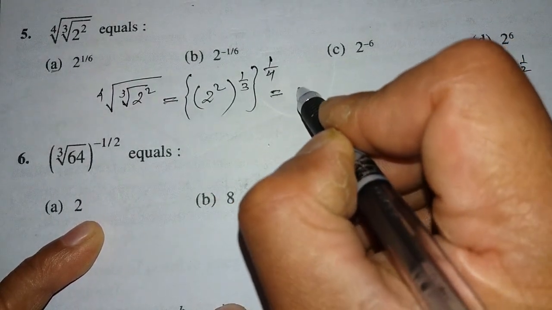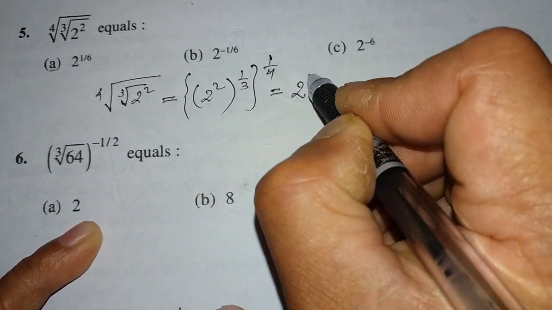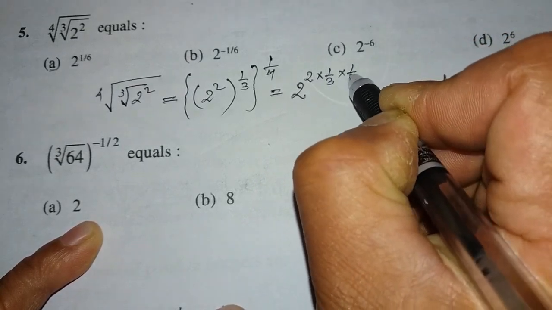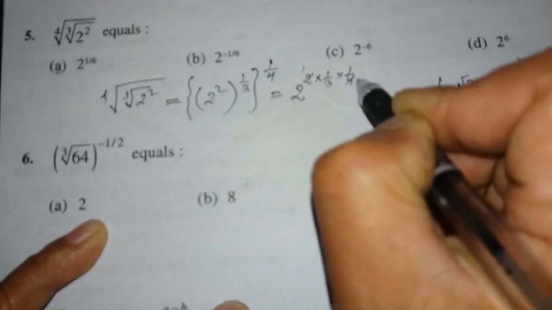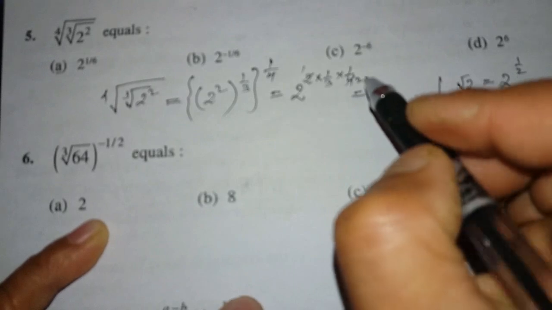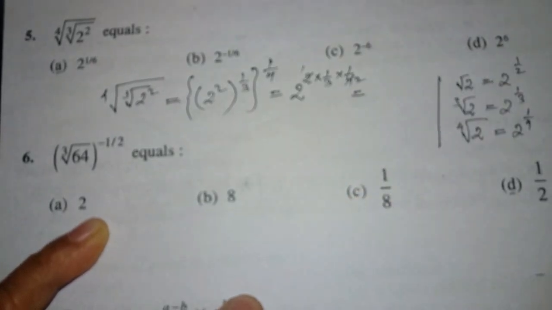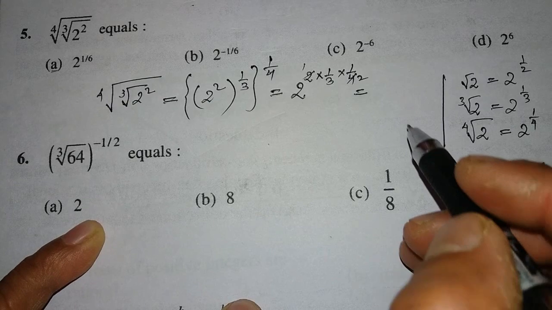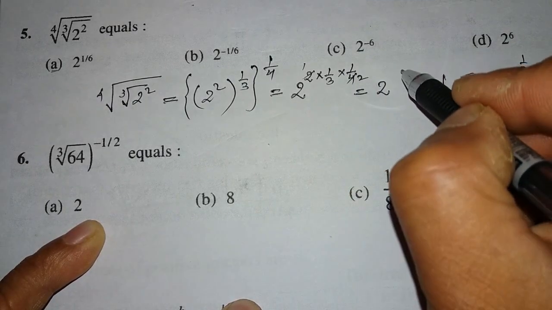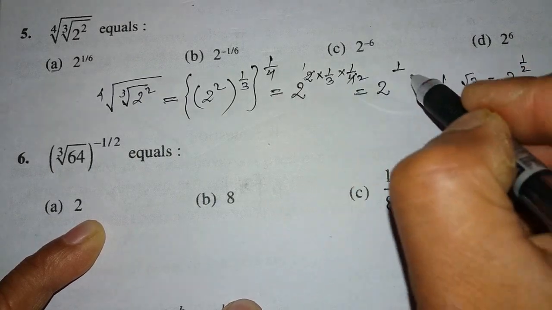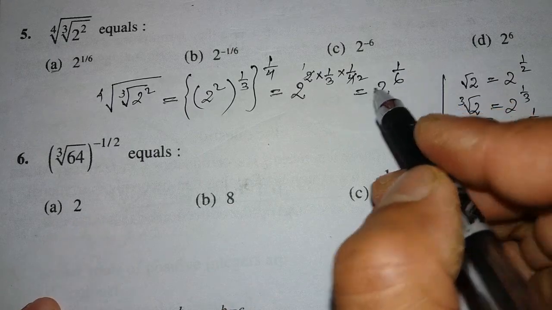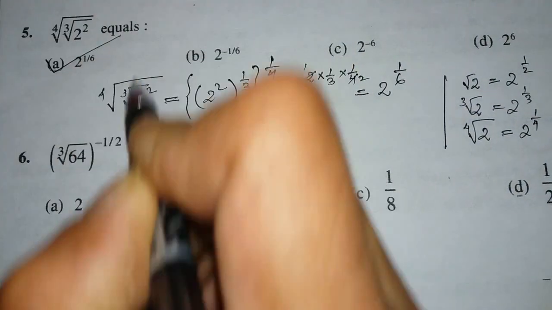Now here you have to multiply the powers, 2 into 1 by 3 into 1 by 4. 2 ones are 2, 2 twos are 4, and 1 by 3 twos are 6. So 2 to the power 1 by 6 is the answer.